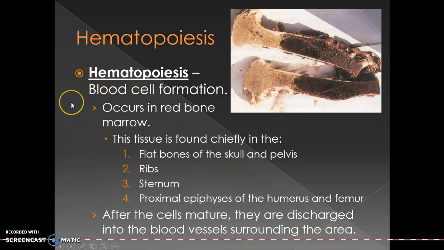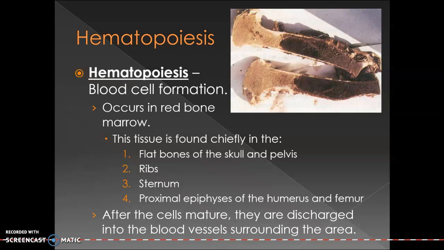Hematopoiesis, we've used this word before, and we used it when we talked about the skeletal system. Remember hematopoiesis? Poiesis means like production of something. Hemato means blood. So blood cell formation, remember again, occurs in the skeletal system, in the bones, and actually in the red bone marrow of bones.